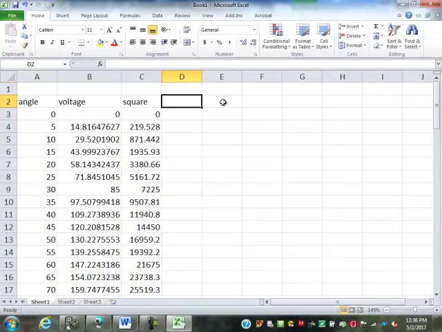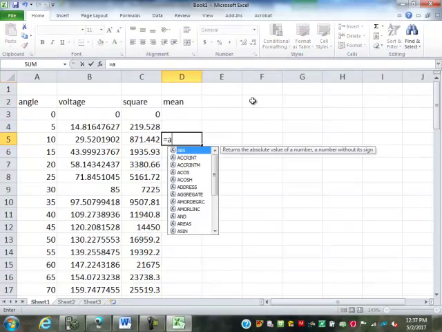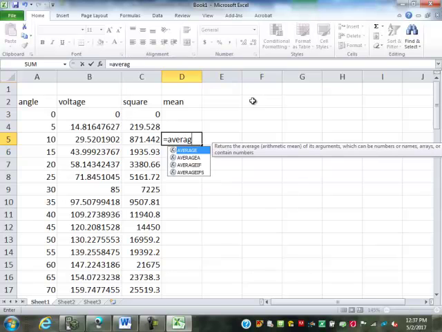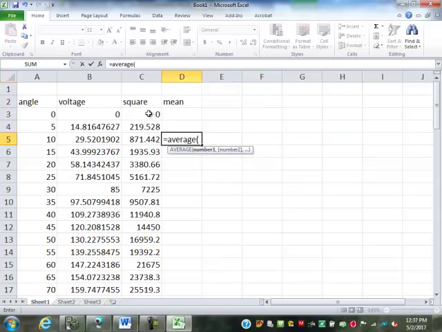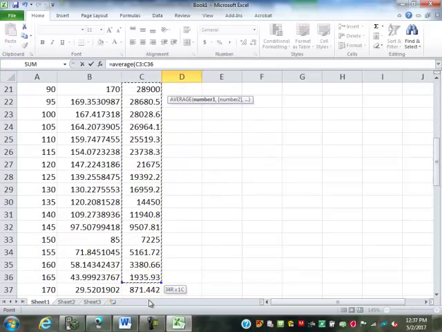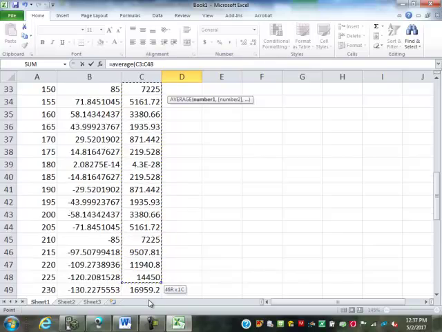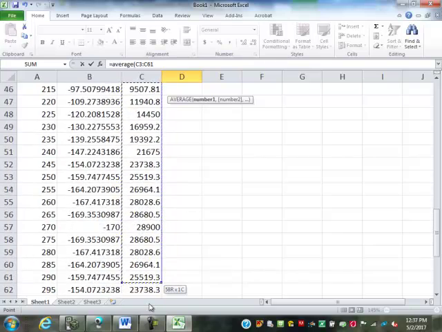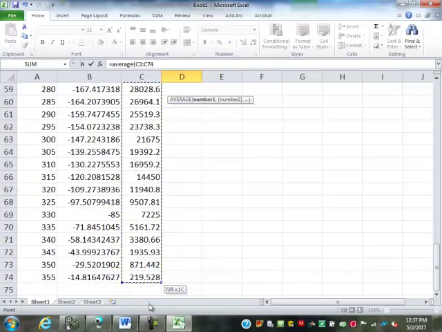Next, you have to do the mean. Well, the mean is just the average. You add them up and divide by, well, if I'm going by 5s here, suppose there's 72 of them. So I add all these squares up and I divide by 72.